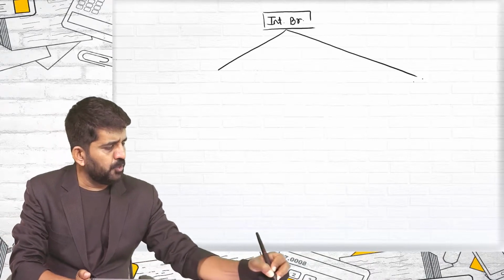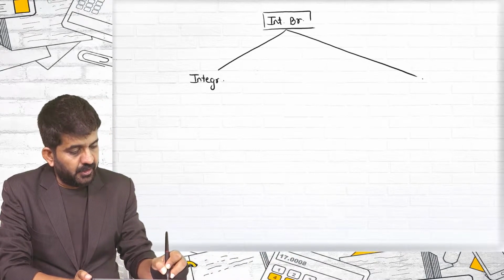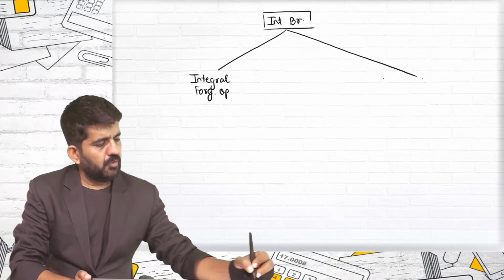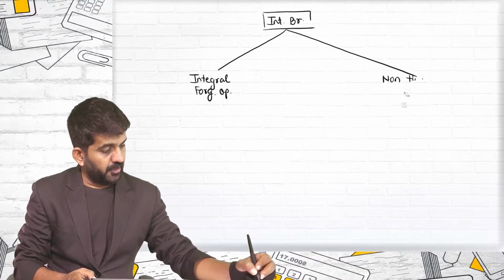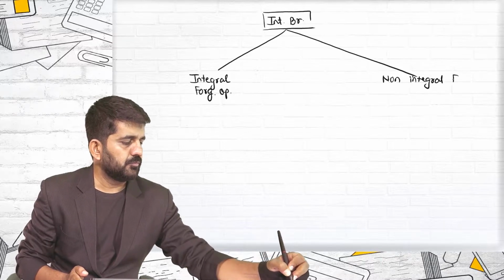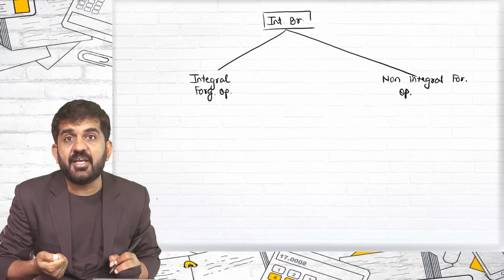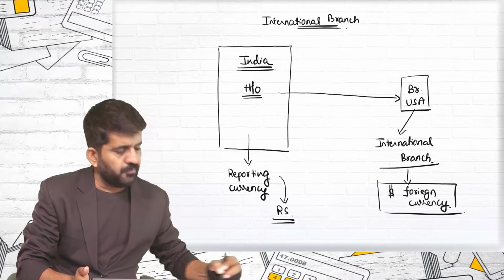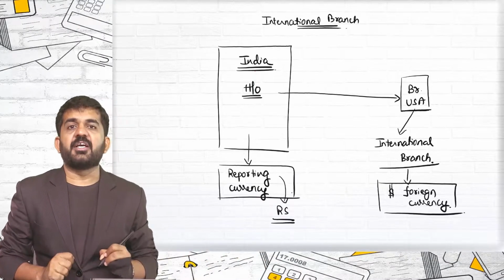if we have an international branch, we will have to decide whether it is an integral foreign operation or a non-integral foreign operation. Sir, why do we need to decide? Because ultimately we will convert our foreign currency into our reporting currency.